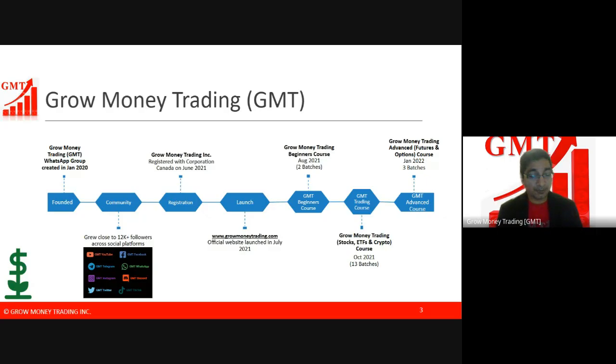We were meeting weekly to discuss the stocks, indexes, and various opportunities that the market had. The success of our community led us to expand over various social platforms. You can find us on any of these social platforms that are listed here.